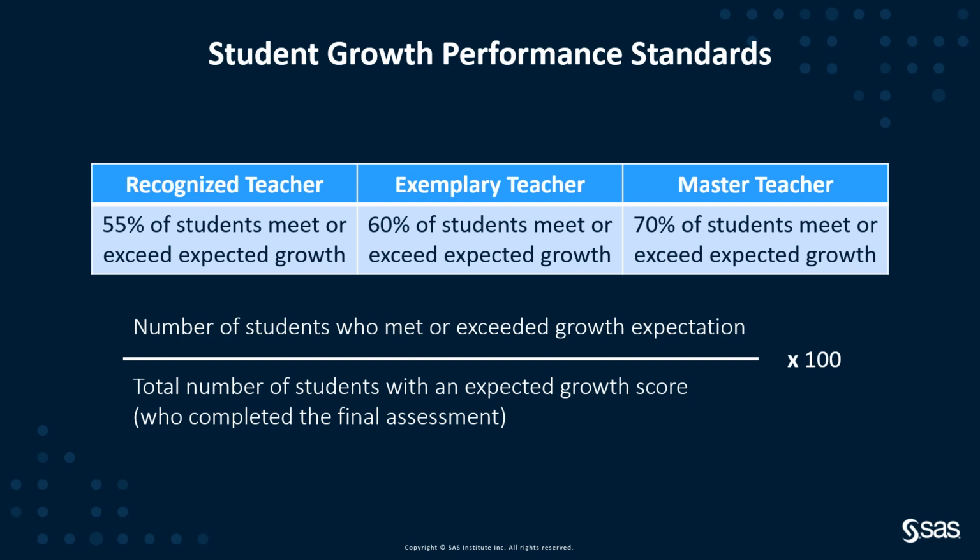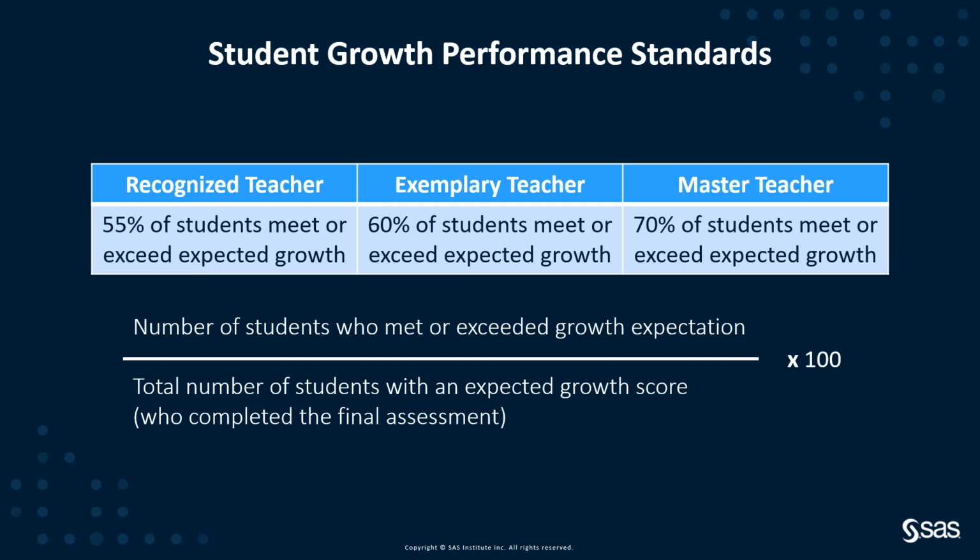One way that EVAAS data is used to support TIA is in the development of student growth performance standards. SAS calculates statewide value-added results for STAR assessments and reviews the distribution of these results on an ongoing basis with TEA and Texas Tech. This review results in the development of the Student Growth Performance Standards, which can support districts as they develop and review results from their local designation systems.